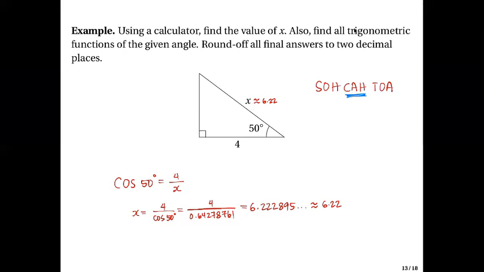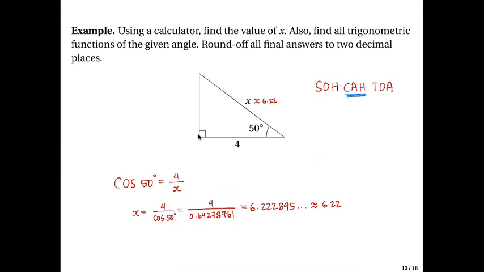Now, we want to find the values of all trigonometric functions of these 50 degrees. So we have the value of 4. We got the approximate value of the hypotenuse. Okay? We can get the approximate value of this side here.